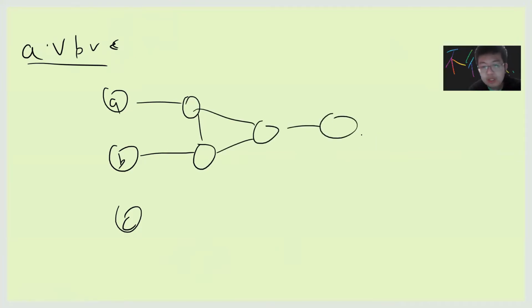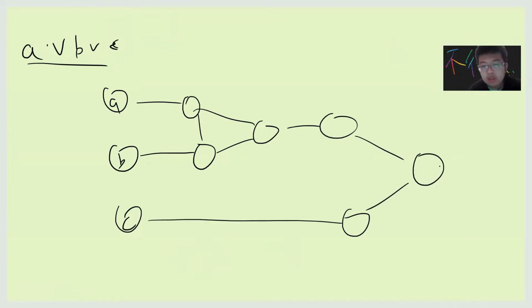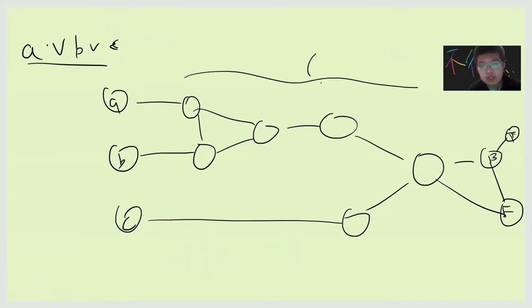This diagram looks like this, connected with B and T and F. My claim is that this graph is 3-colorable if A or B or C is true. So I want to prove that if A or B or C is true, then this graph is 3-colorable.